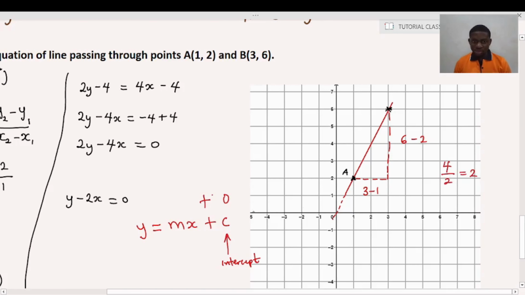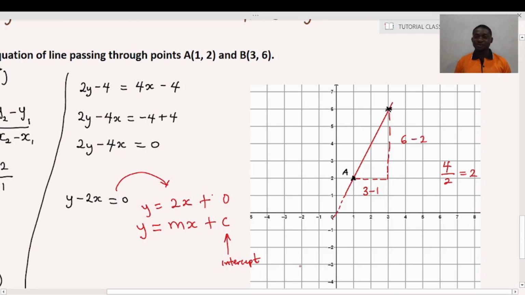So the gradient is 2, and that will be 2x is equals to y. You realize that this equation can also be moved to this one if you take this 2x to the right hand side. So it shows that what we are doing is valid, both in calculation and in practical of it.